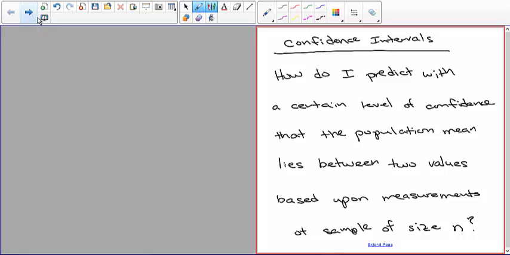So the idea is that I run an experiment of a certain sample size, and then I want to say, based on that data, what limits can I set which I feel will, most of the time, predict where the actual population mean is, because the sample mean's an approximation. The population mean is everybody.